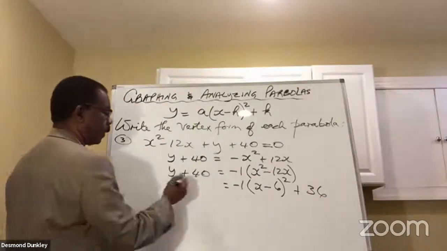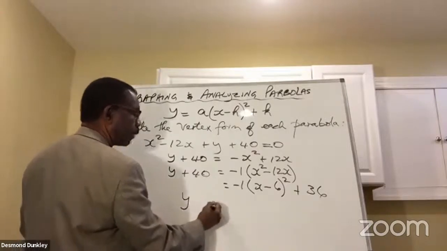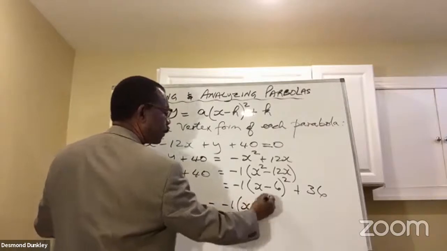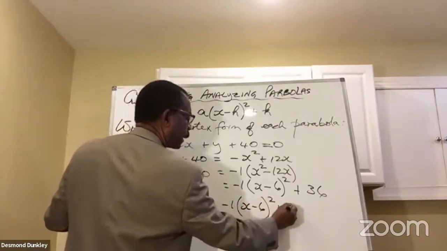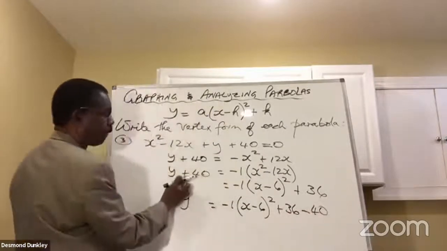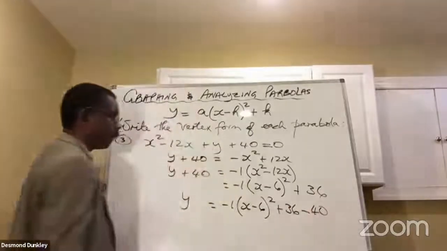So now we subtract 40 from both sides. We end up with y equal to negative 1 times x minus 6 squared plus 36 minus 40. We have a positive 40 here, so to move it over to the other side, it becomes negative 40.